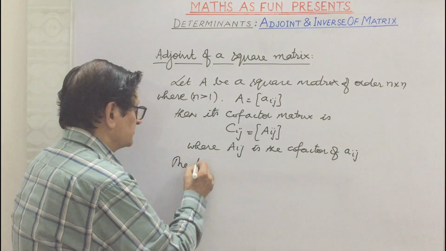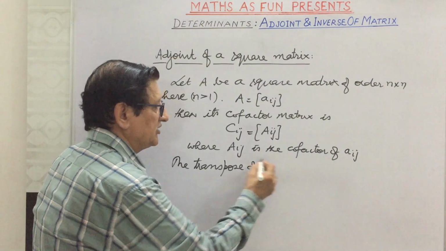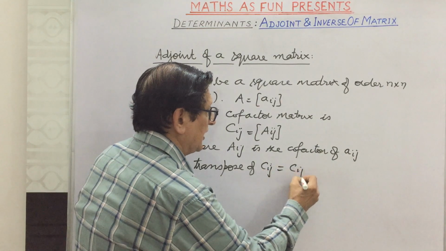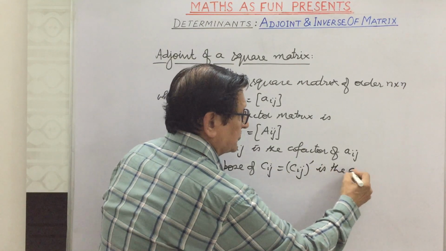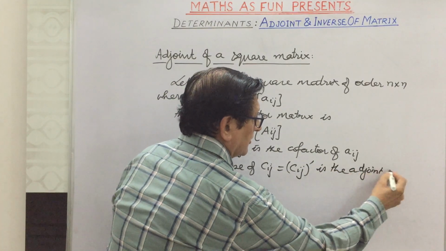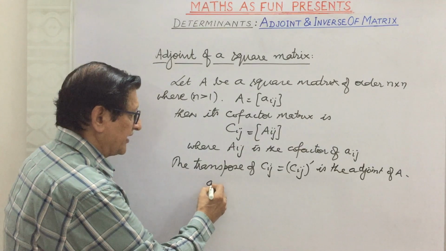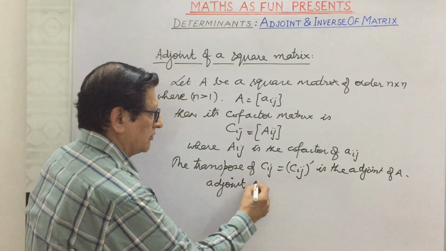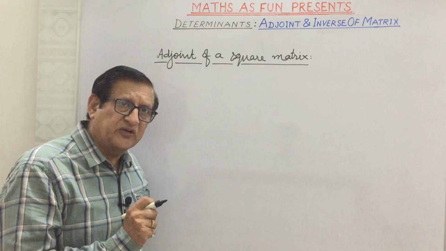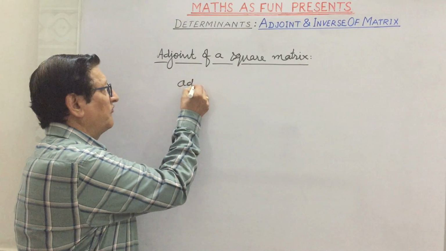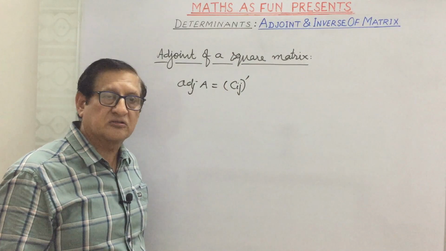The transpose of Cij, that is Cij dash, is the adjoint of A, and it is represented as adjoint A, or we write as ADJA. It means we can say that adjoint of a matrix A is the transpose of its cofactor matrix Cij.